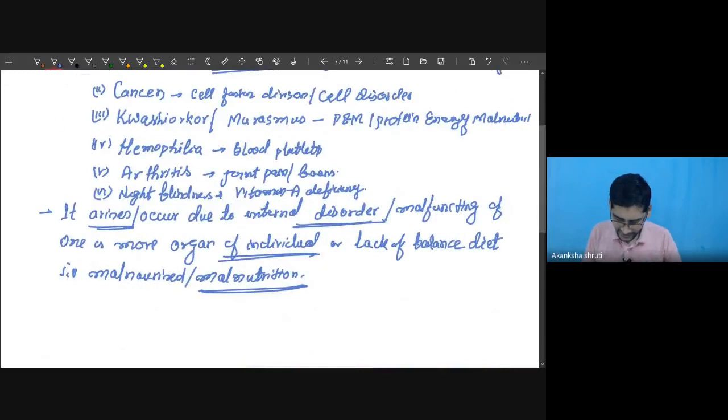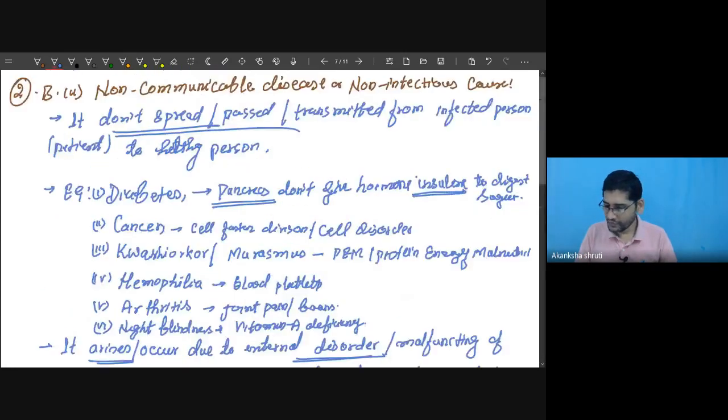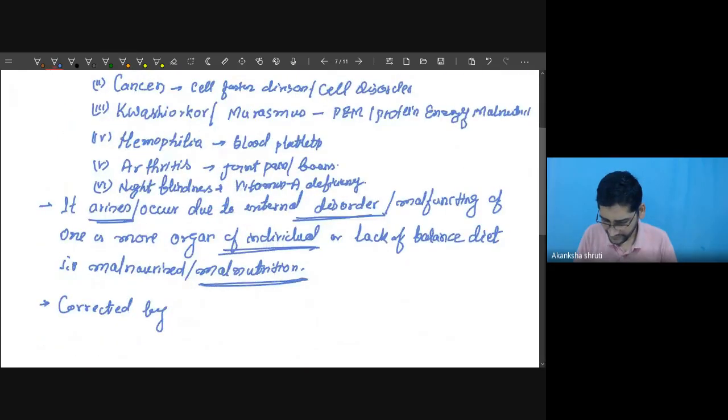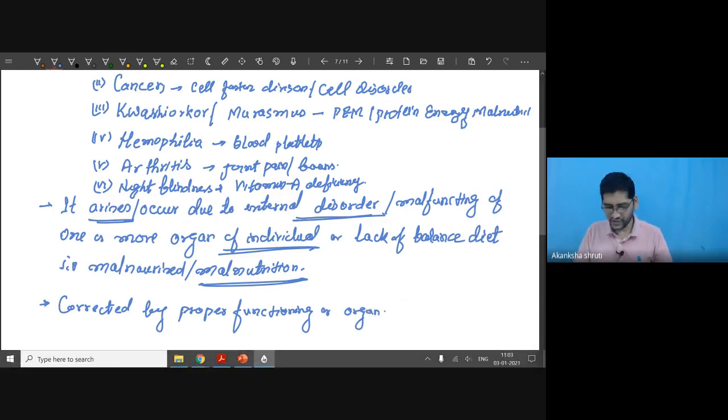So it can be corrected by proper functioning of the organ, by internal treatment of the organ. Okay, student, I think let us stop it here.